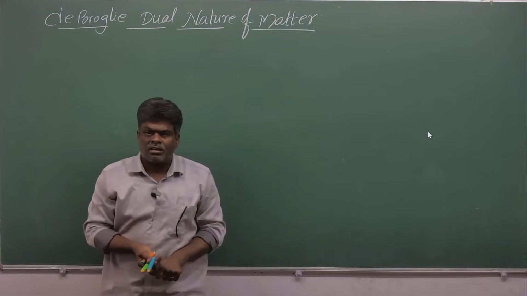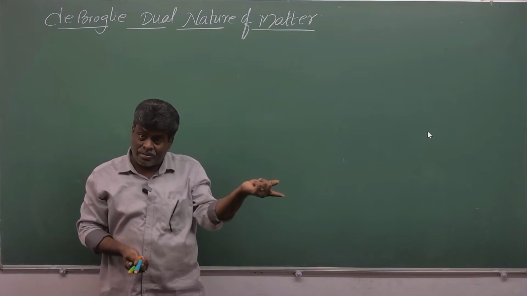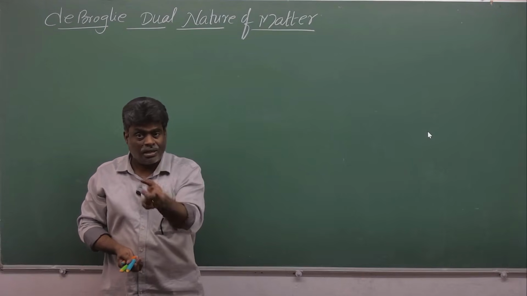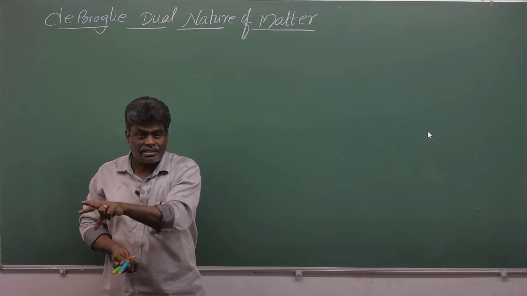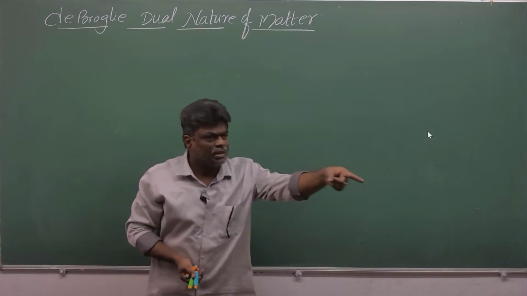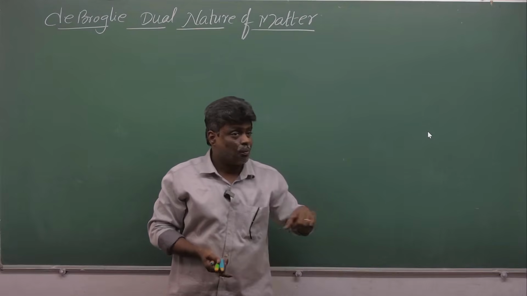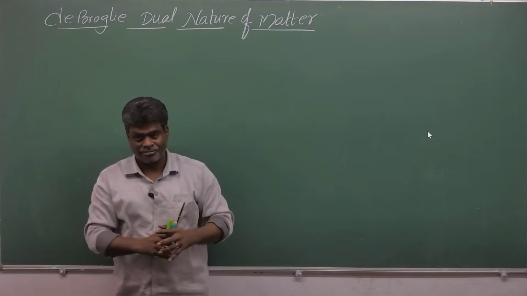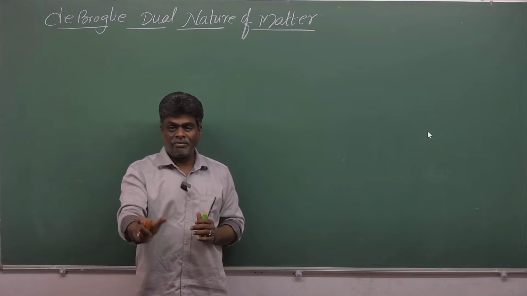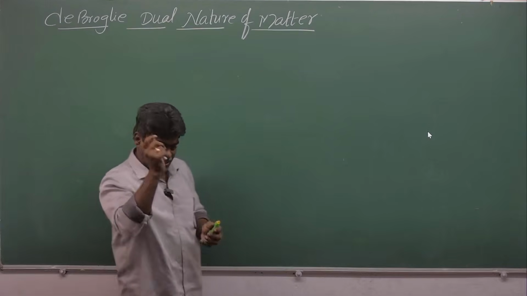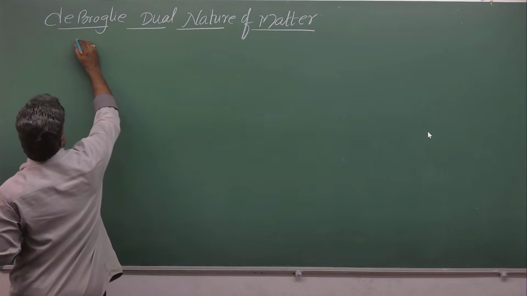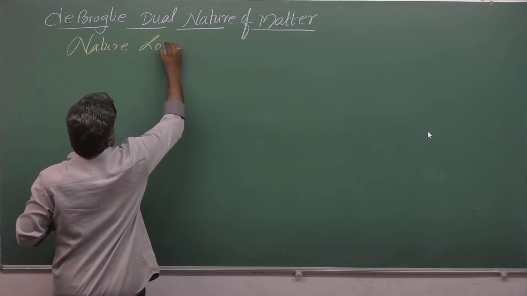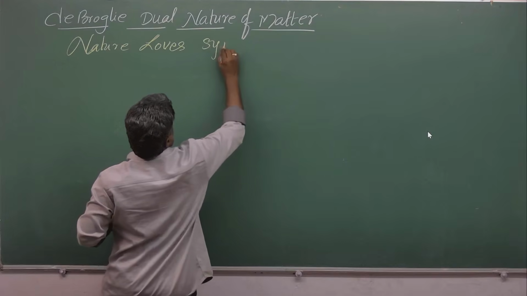Then de Broglie thought, if nature loves symmetry, and nature contains only two things, matter and radiation, and radiation already has dual nature, then why doesn't matter have dual nature? This was the idea he got from the statement that nature loves symmetry. Let us start with the beautiful words: nature loves symmetry.